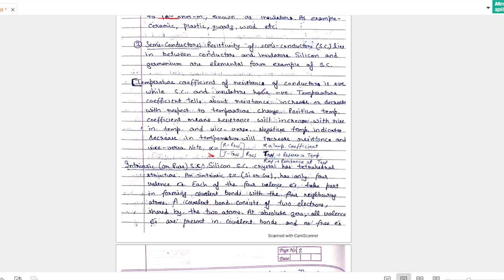Now why do semiconductors and insulators have a negative temperature coefficient while conductors have a positive one?